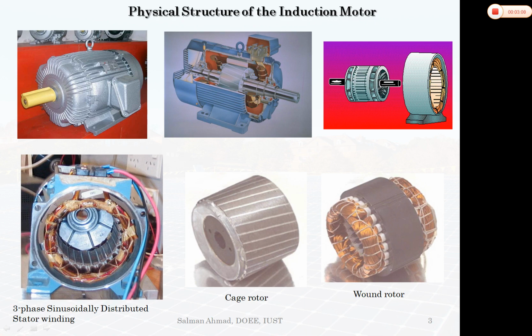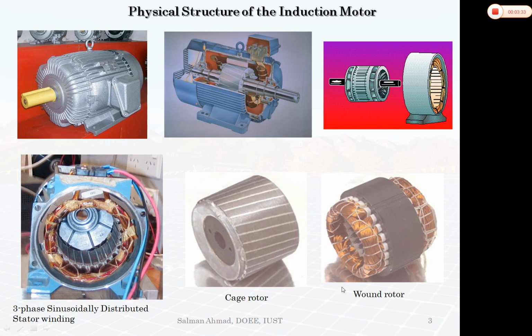Now there are two types of rotor. One is the squirrel cage rotor, another is the wound rotor. In a squirrel cage, we have copper bars which are shorted with the help of end rings. Similarly, in a wound rotor we have winding similar to that of the stator winding.